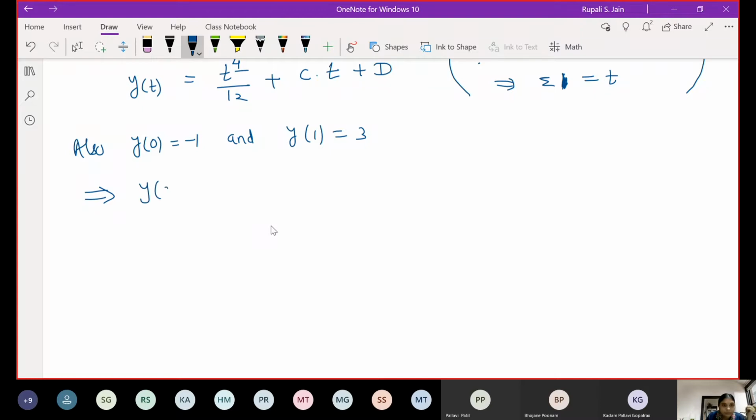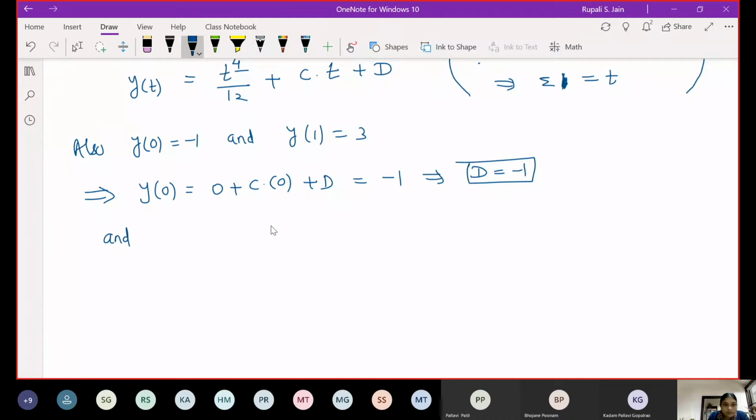Y at 0. If I substitute 0 here, what will I get? 0 plus C times 0 plus D, which is equal to -1, it is given. So I am getting here D is equal to -1. Is it right? Yes, ma'am.